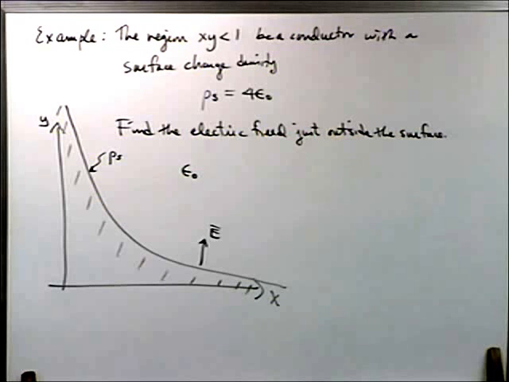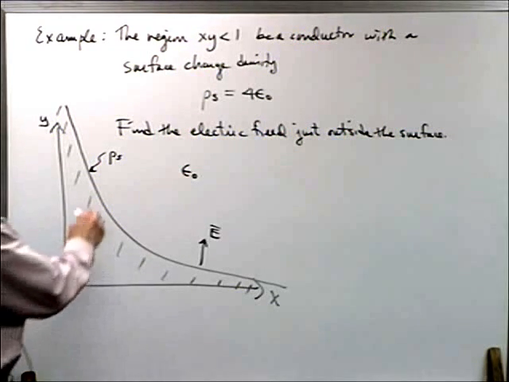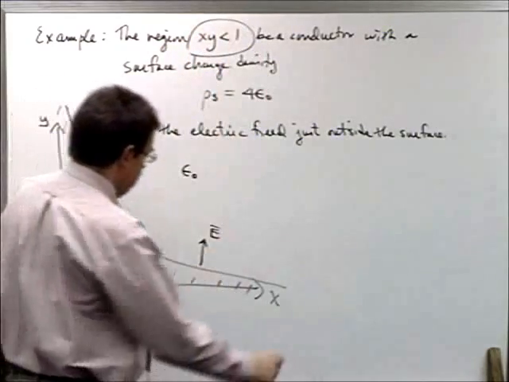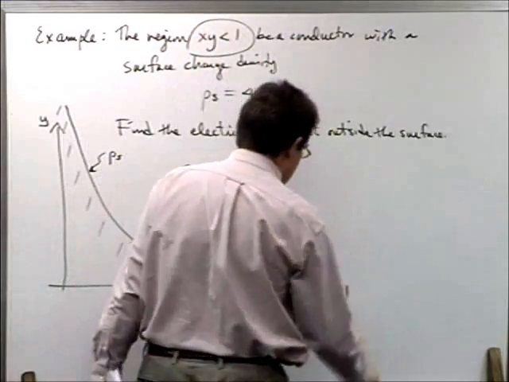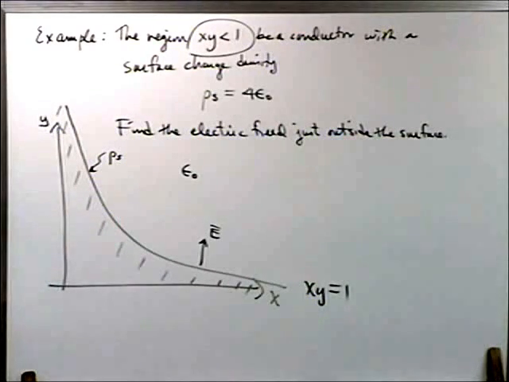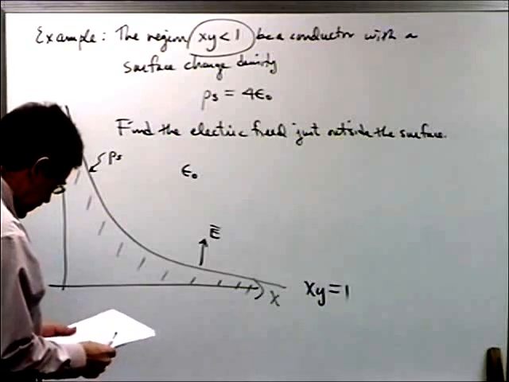All right, so in this case you've got to figure out what the normal vector is, so you can play around with the math here a little bit. Figure out from this equation, basically the boundary here is xy equal 1. A good exercise is to figure out what the tangent vector and normal vector would be to that particular surface.